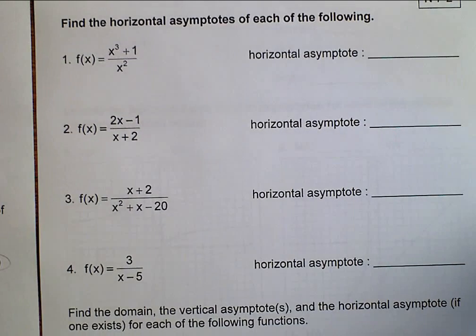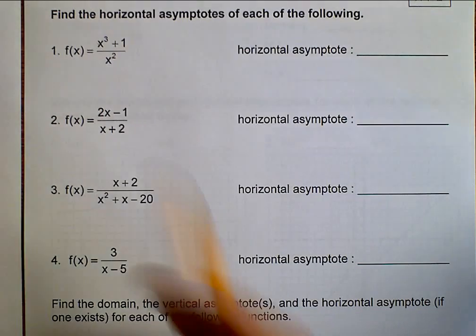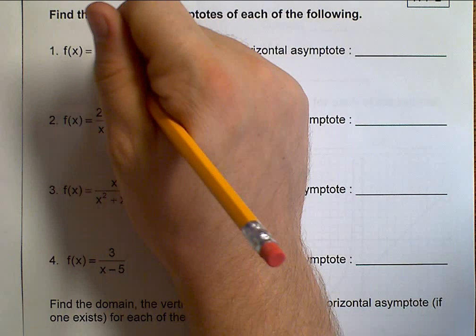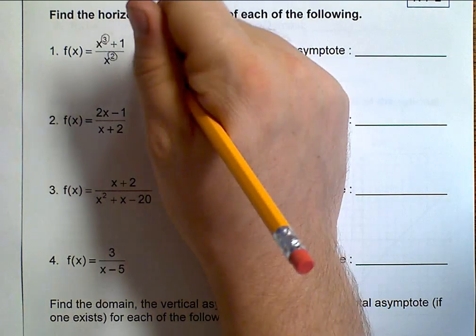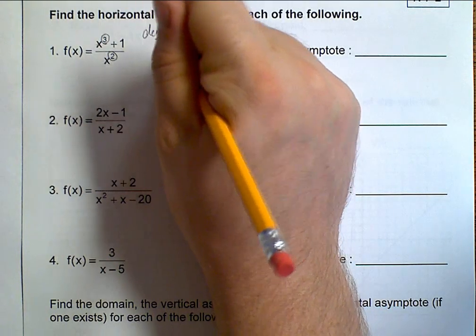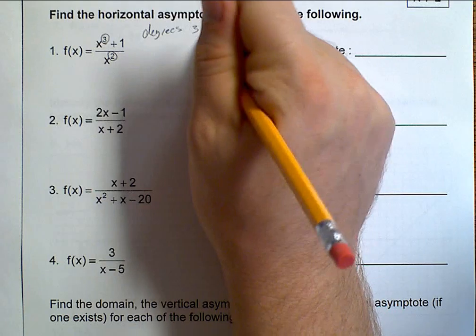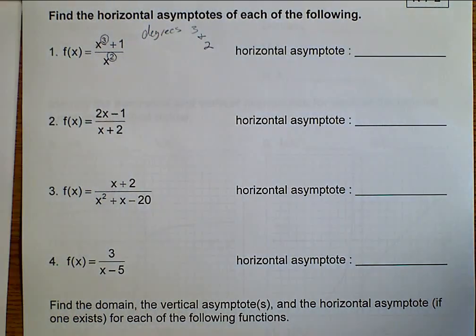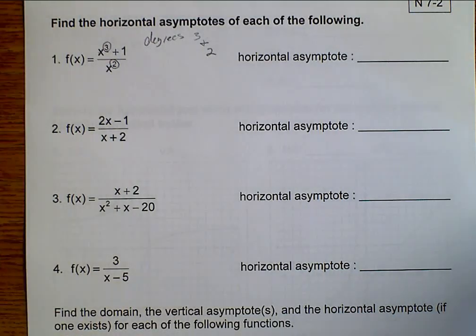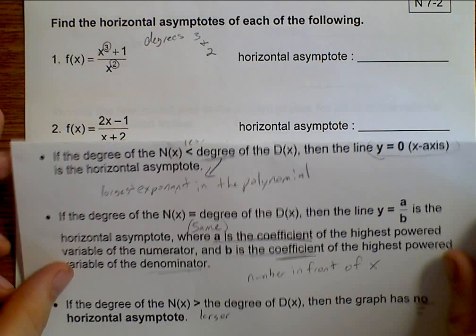So we look over here. Our degree is 3 and 2. So if our degrees are 3 and 2, I'm going to go ahead and just pull up from the previous page.